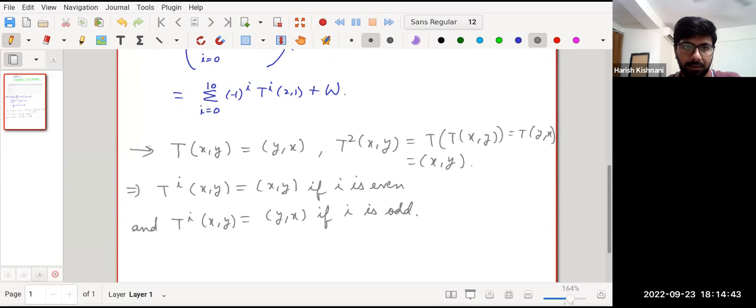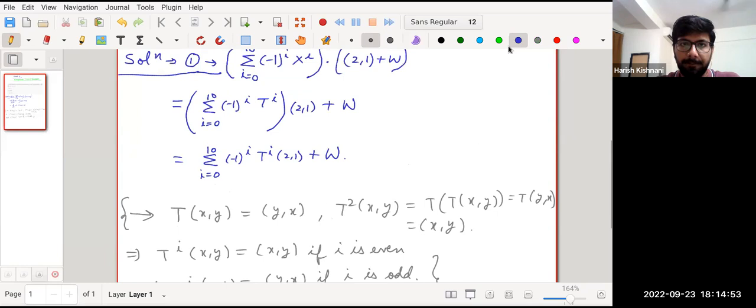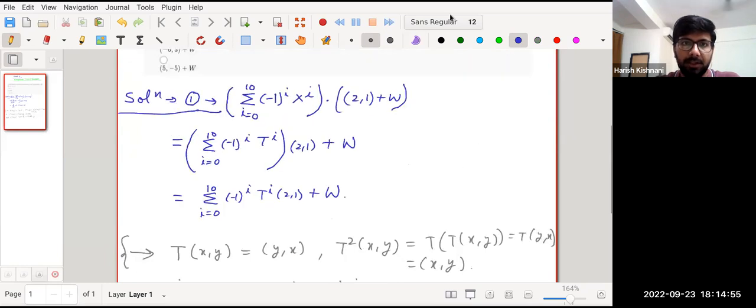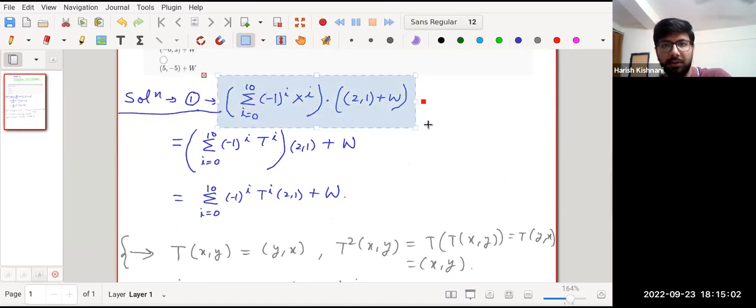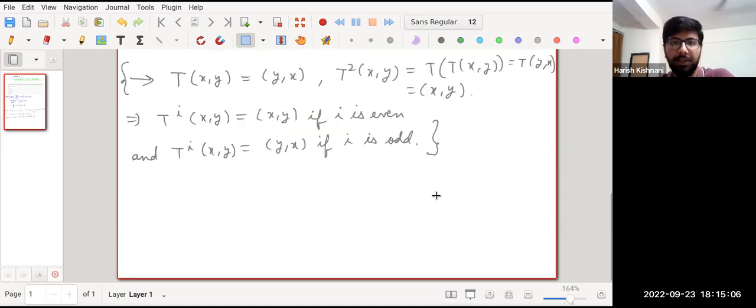So let's just put this in the curly bracket and get back to our situation. So what does this imply? Let me just copy this and paste it here.